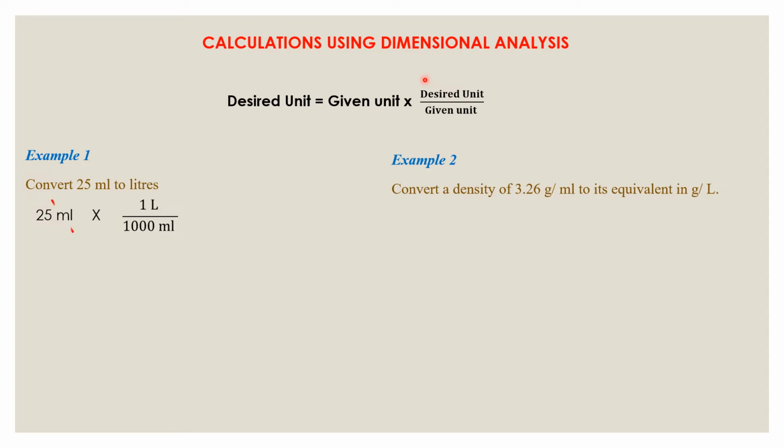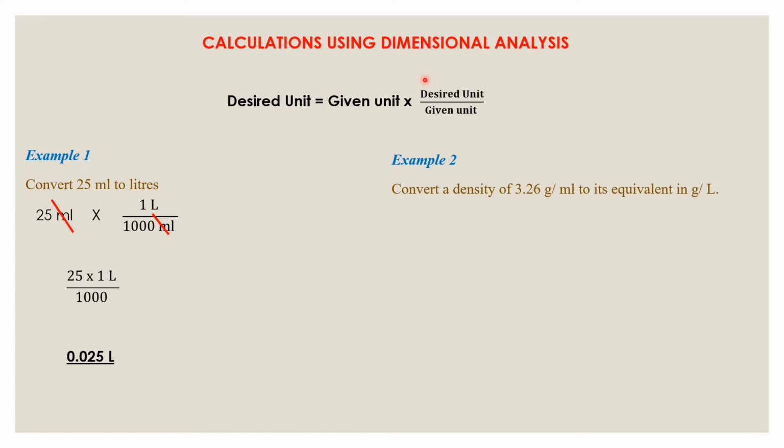By doing that, the milliliter sign can cancel out. And when we simplify this, and solve it, we get 0.025 liters. In the final exam, you're expected to write your answer in 2 decimal places unless otherwise stated. So you should also learn to follow the instructions that are given in the paper.